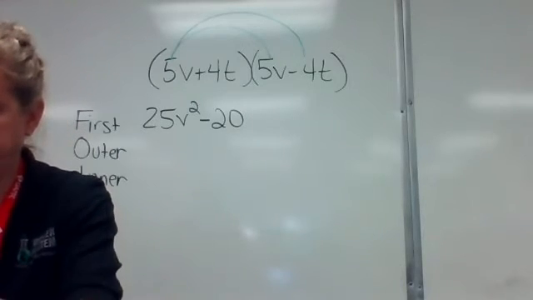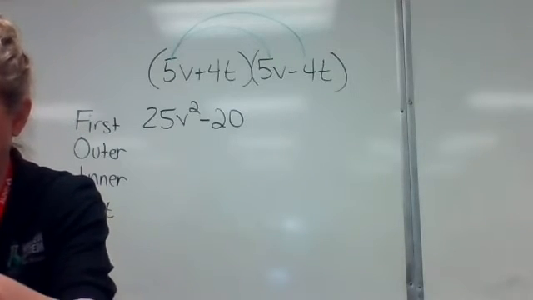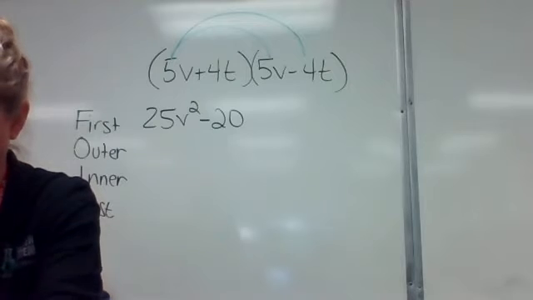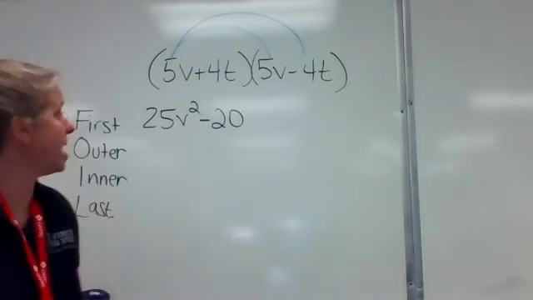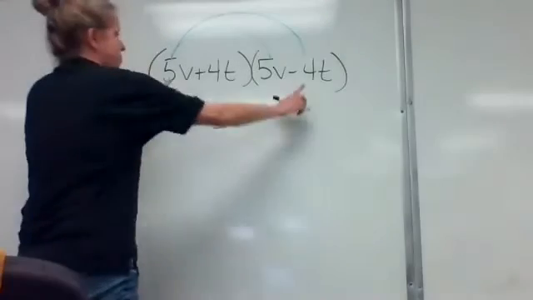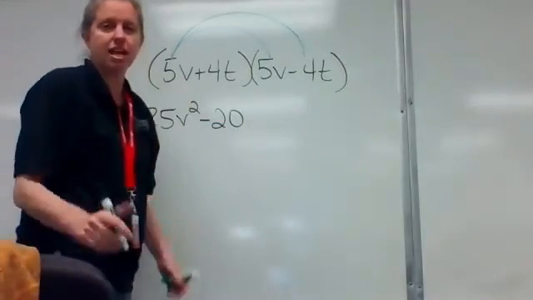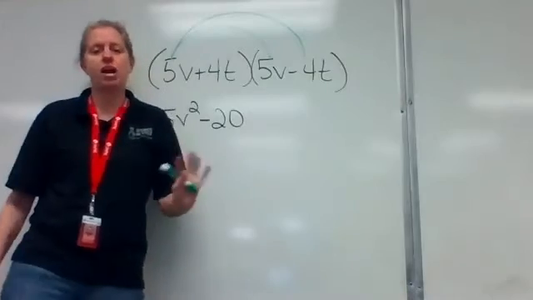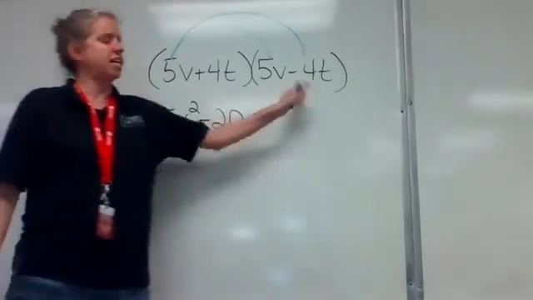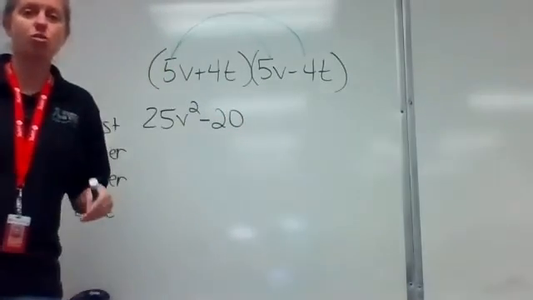But let me check something. When I'm multiplying 2 things together and it has 2 different letters and it hooks them together, you can hook them together any way you want. It could be VT or TV. It can be either way.